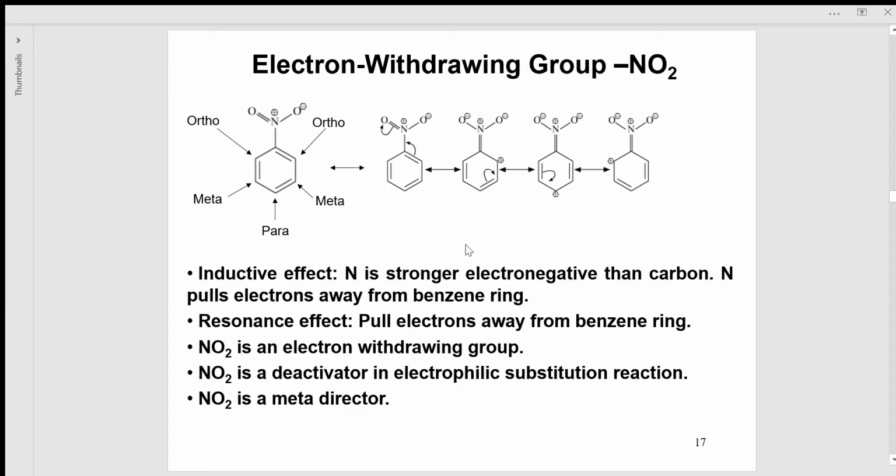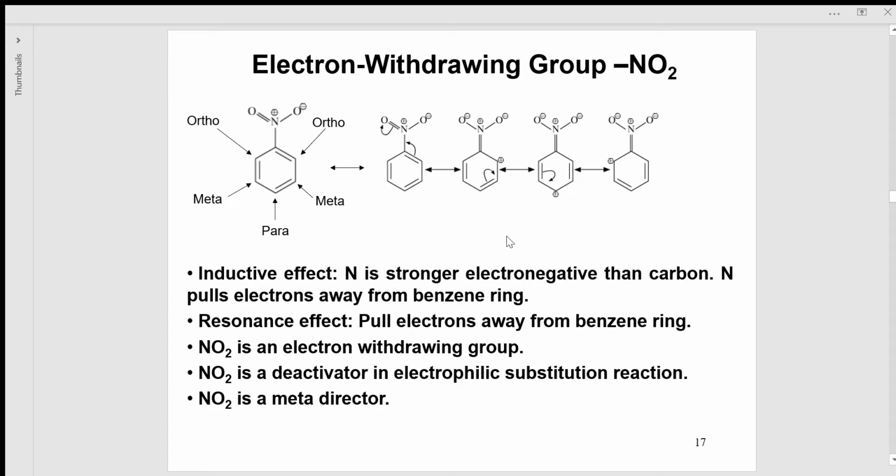One more consequence of this nitro group: if we have an electrophile, something bearing a positive charge, it is going to replace one of the hydrogens here. It is going to replace this one, or this one. An electrophile basically bears a positive charge.